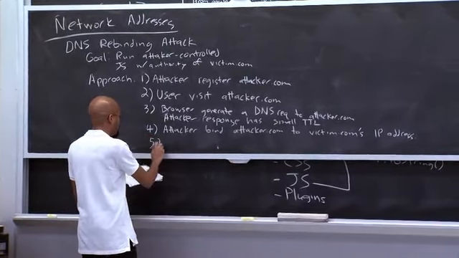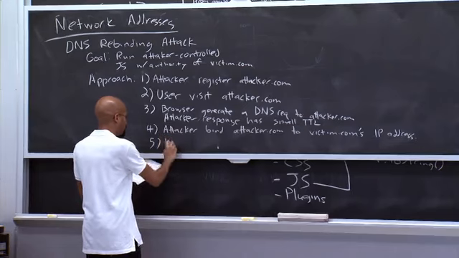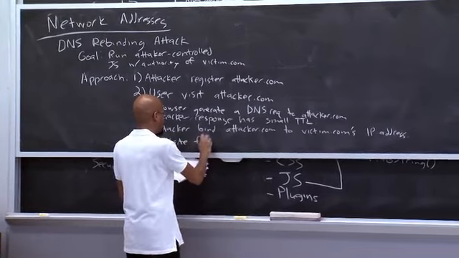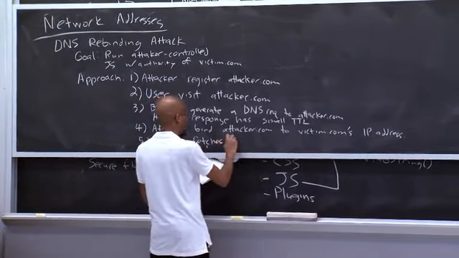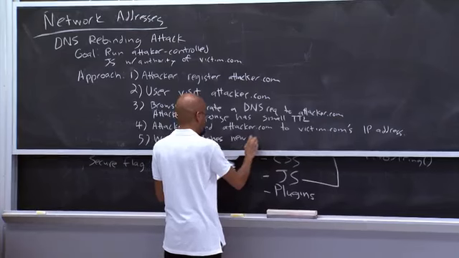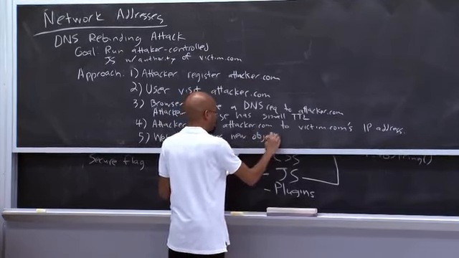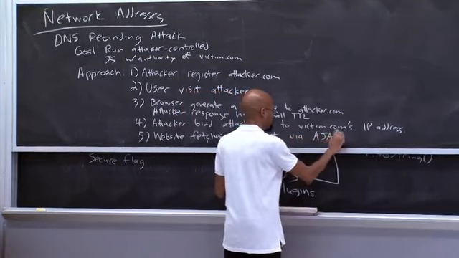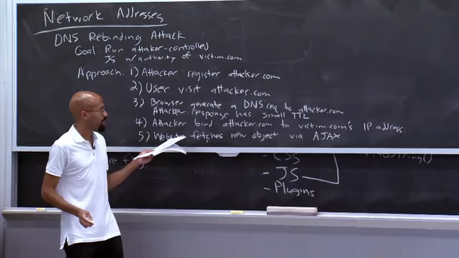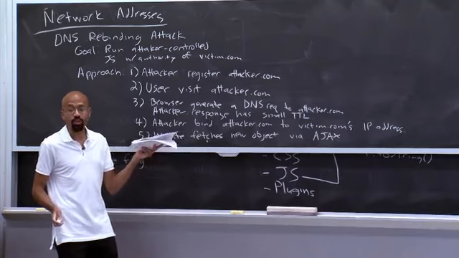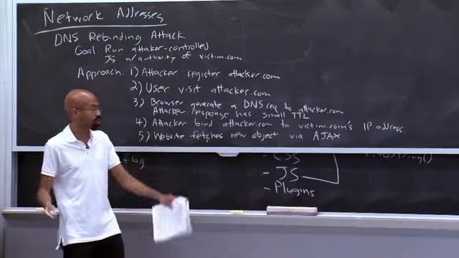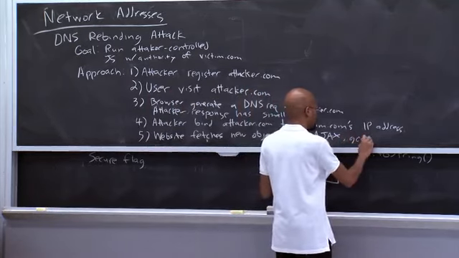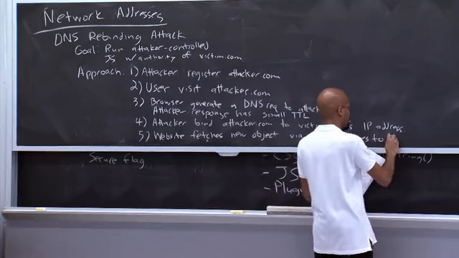So what will happen is that the website wants to fetch a new object, let's say via AJAX. And it thinks that that AJAX request is going to go to attacker.com somewhere externally, but this AJAX request actually goes to victim.com.